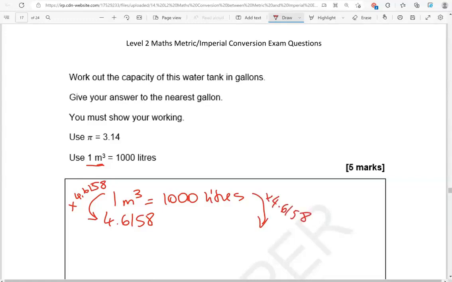Multiplying this by 1000 gives us 4,615.8 liters.